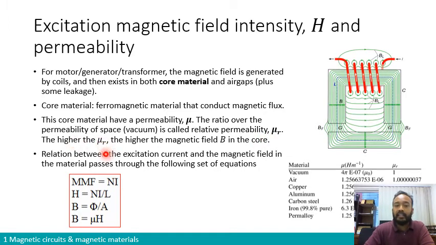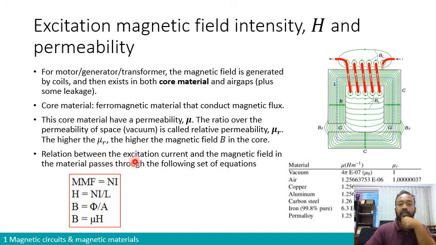The higher the mu, the higher the magnetic field will be in the core. So if the core is made of iron, for example, you have a lot more magnetic field, meaning a higher flux inside your core material. If you look at the outside, the field lines are gapped, so the flux is less, because flux is the amount of magnetic field per area.